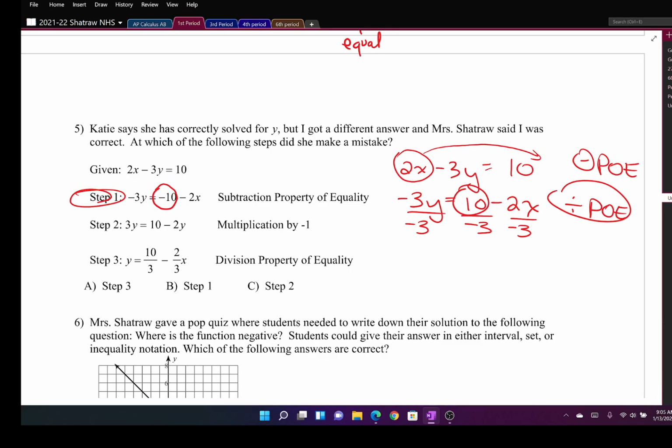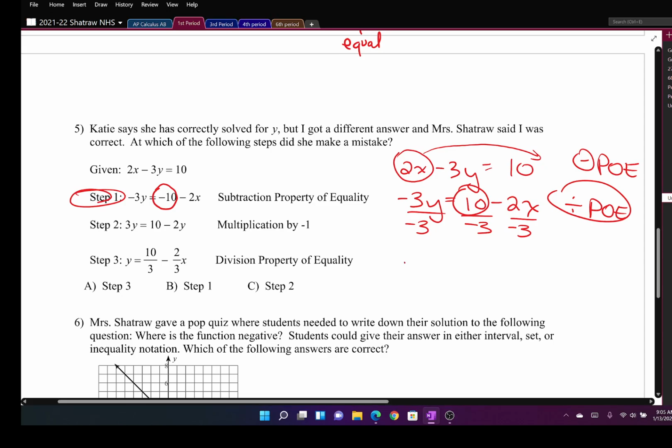So it's actually called a coefficient, and you should divide to undo that multiplication. When I look at her answer for Katie, y equals 10 with a negative sign out in front and that 3. And then, by the way, the negative of a negative you can turn into a positive. So I get 2/3 x over 3. She does not have the same answer as I do. I have a negative here and I have a positive here.